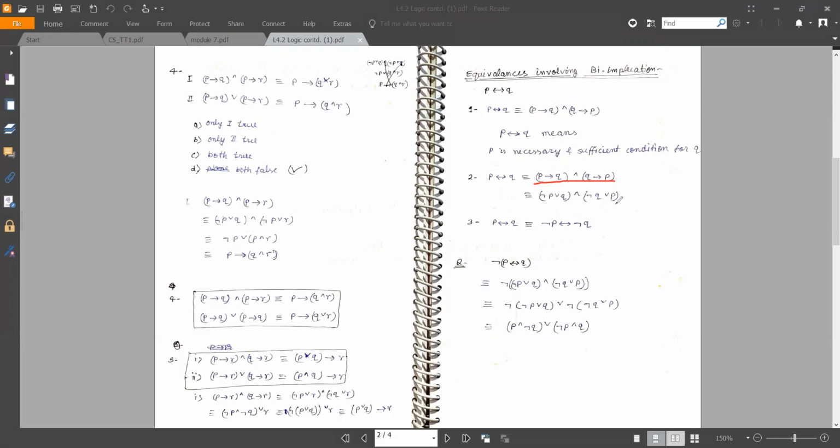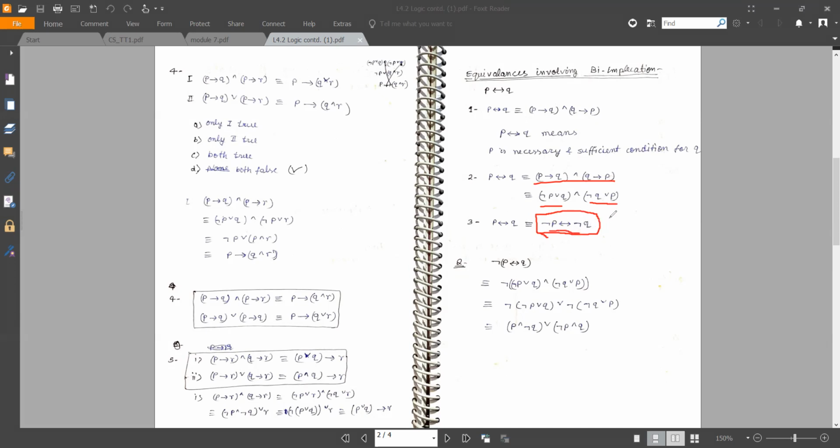So biimplication means simply this. And since we already know that implication can be broken down to another form, that is exactly what we have done here. The implication is broken down to negation of the first operand, disjunction the second operand, and you can clearly see that this is also equivalent to negation of P biimplication negation of Q. What we need to do is simply shuffle those operands according to what we have to prove here.